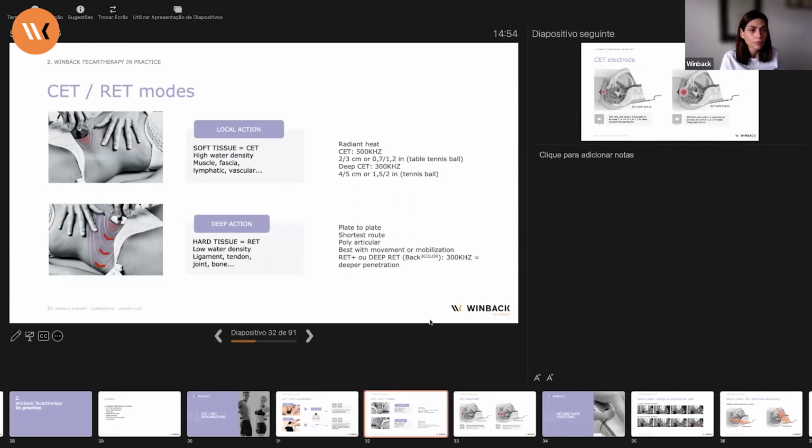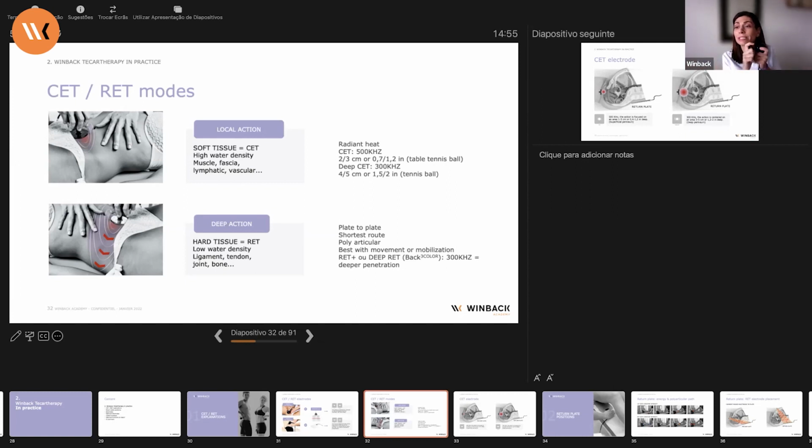So, set is for soft tissue, tissues that have a high water density. It's like muscle, like fascia, like lymphatic tissue, like vascular tissue. We work on 500 kilohertz. And when we are working on capacitive, we work on the 2 or 3 first centimeters under the electrode.